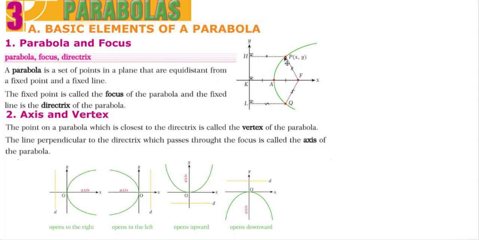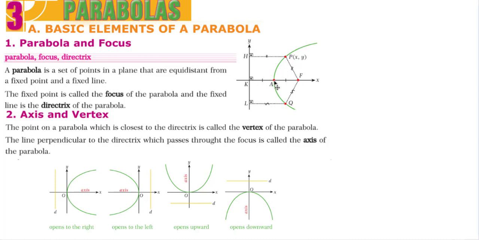The distance to the directrix should always be the perpendicular distance, which is also called the closest distance, because when you draw to this side or to this side, it's not going to be the closest one. The closest distance to the directrix is the perpendicular one, and the distance from the point to the focus is always equal to it.